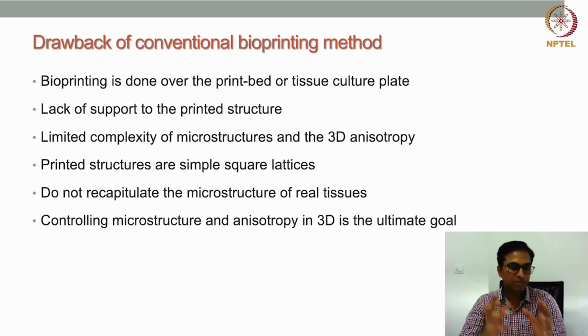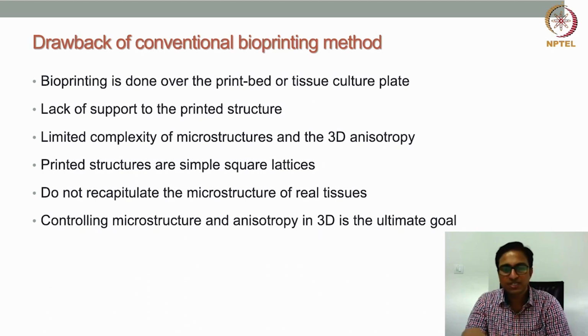Unless we mimic that in our bioprinting method, we cannot achieve that tissue- or organ-specific function. So complexity of microstructure and 3D anisotropy are the keywords: we need to mimic the tissue in terms of these two properties.